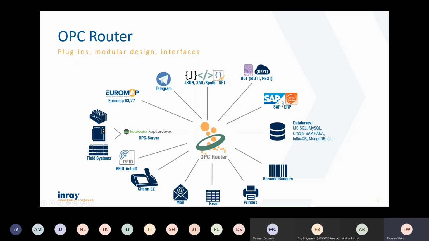So you can connect your SAP solution with a mail system and a barcode reader in parallel, or you can connect your Siemens Mindsphere with an RFID system and a database at the same time, for example, and exchange data and create automated data workflows.